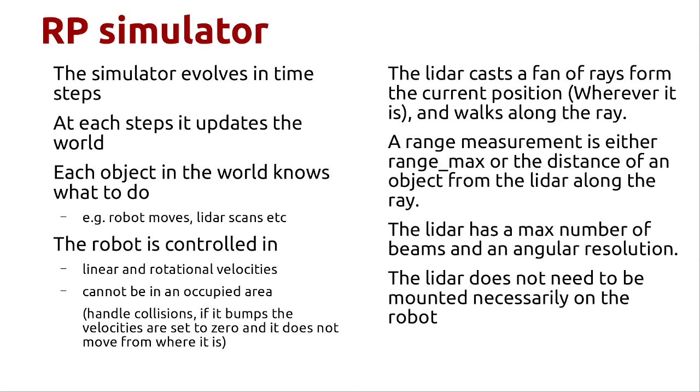We would like it to handle collisions, which means if it bumps against an occupied cell, it has a diameter, right? So if it's a 1 meter robot, you don't want it to go half a meter into the wall, okay? You want to handle collisions, and we also implement a funny LiDAR sensor, which is a laser scanner.